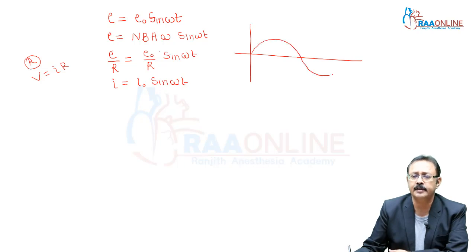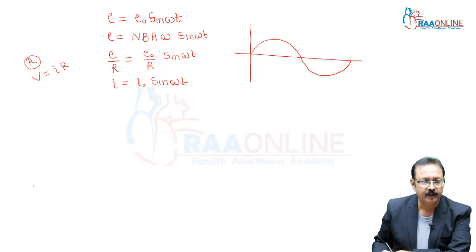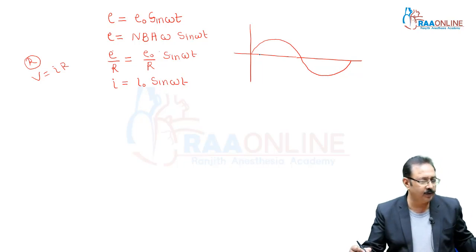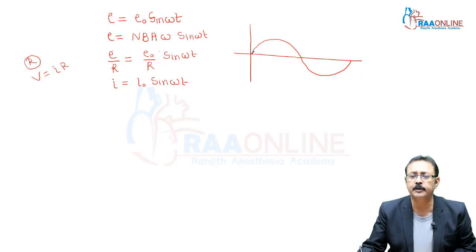E and I with respect to time both move like a sine curve. When t is 0, their value is 0. When t is pi by 2, the value is maximum.